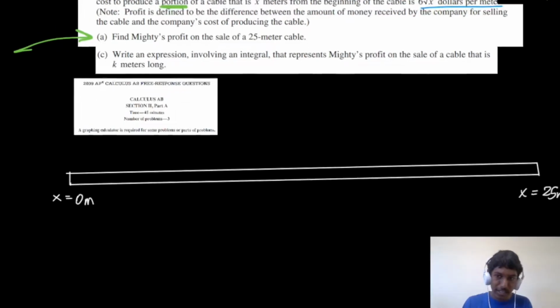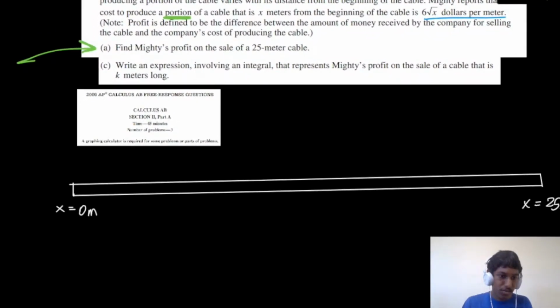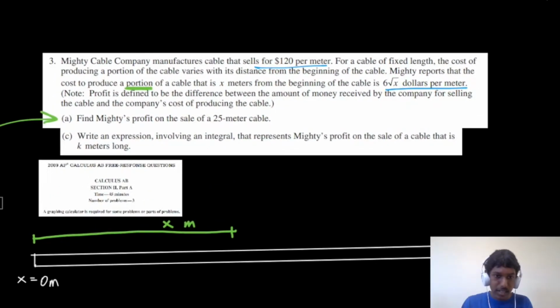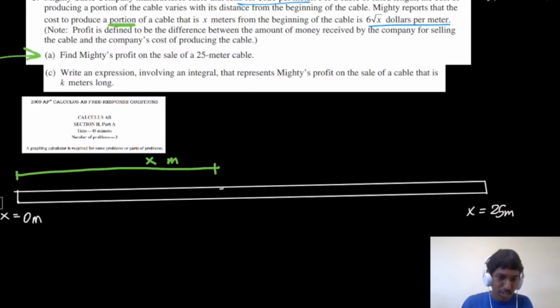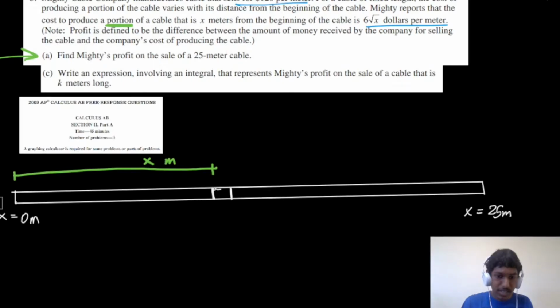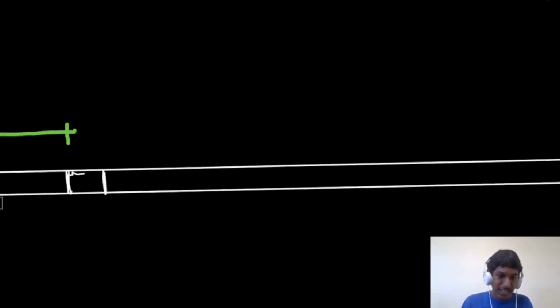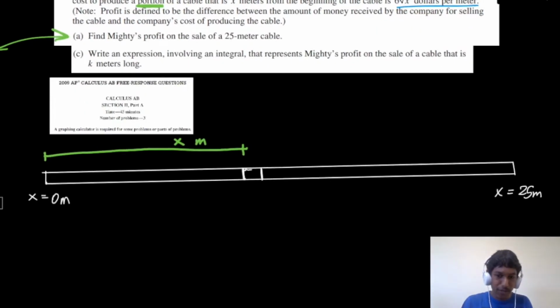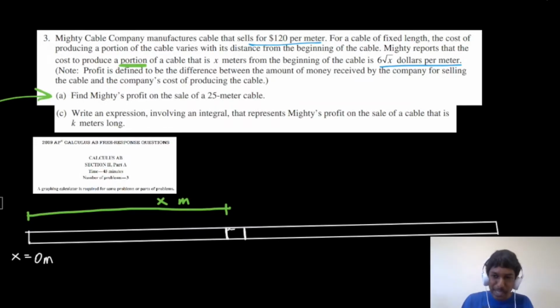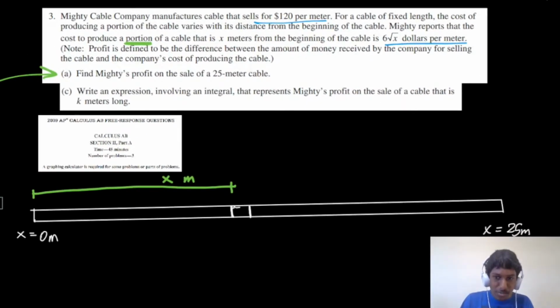So let's draw that. Maybe we'll say this is some x meters. And the cost to produce a portion, maybe this portion of the cable, is 6 root x dollars per meter. Now, that's a little bit of a mouthful, but even if you don't mathematically know how to attack this yet, one thing that should be clear is that the wire is going to cost different amounts to make depending on where you are on the wire.